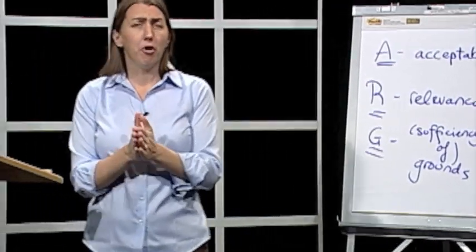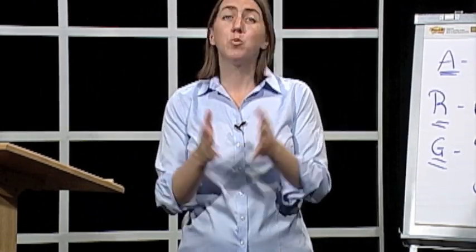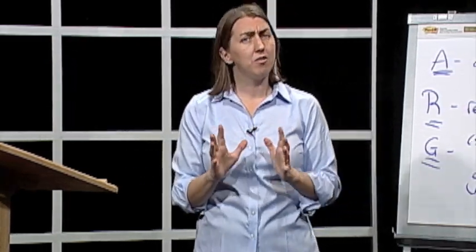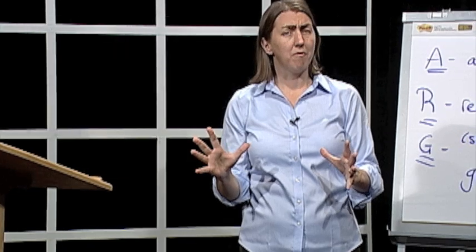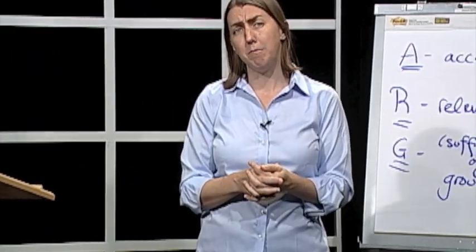Okay, so the first criteria that we're going to be asking about any given argument is whether the premises are acceptable. Let me tell you the structure of the answers that you'll be providing to these exercises, and then go into a little bit more detail about what acceptability means.